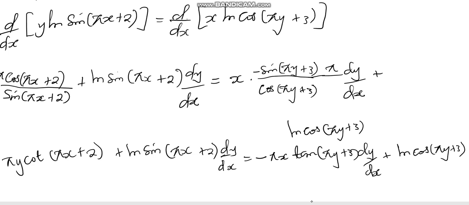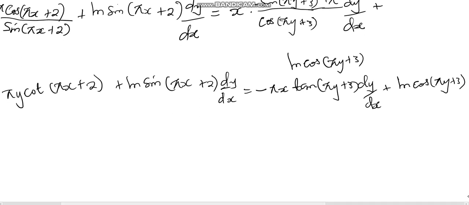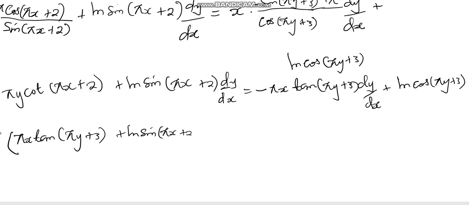So now what we're simply going to do is get all the functions that have dy/dx and put them on one side, then everything that doesn't have dy/dx we take to the other side, then make dy/dx the subject. So we take this function that has dy/dx to the other side, it's going to be positive, so we have (πx tan(πy + 3) plus ln(sin(πx + 2))).